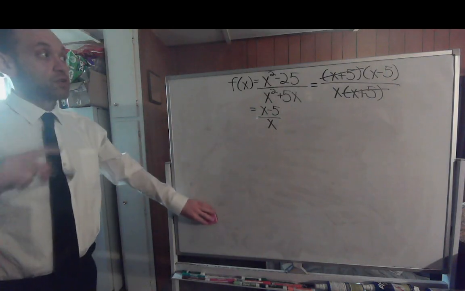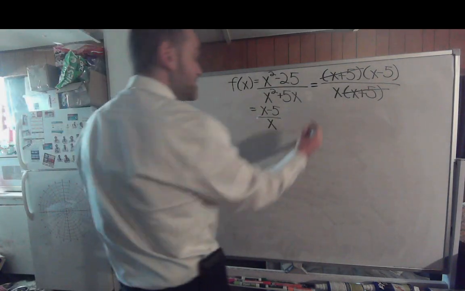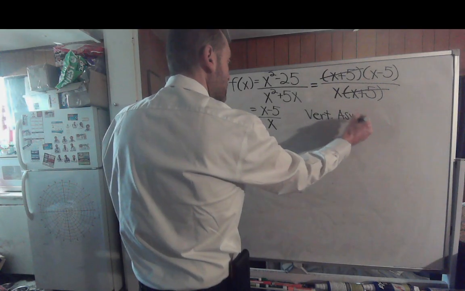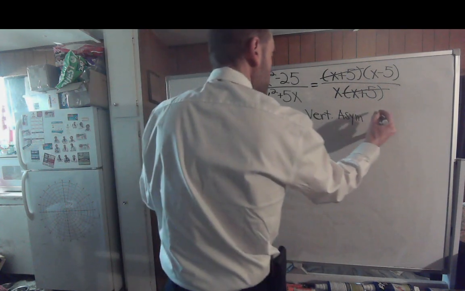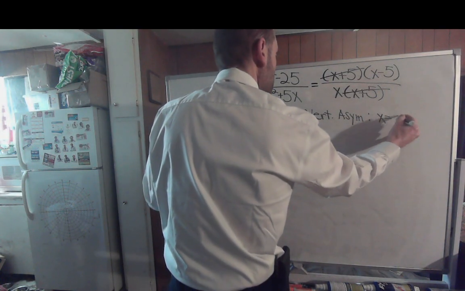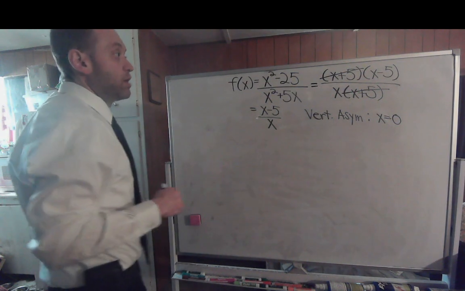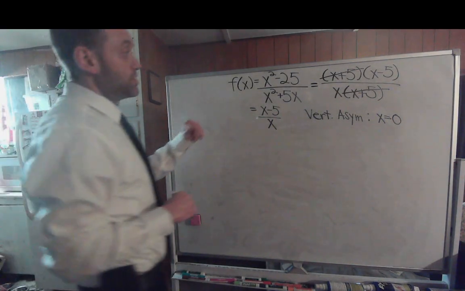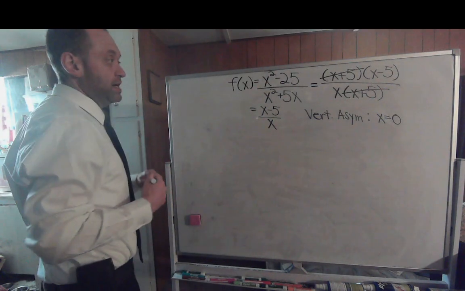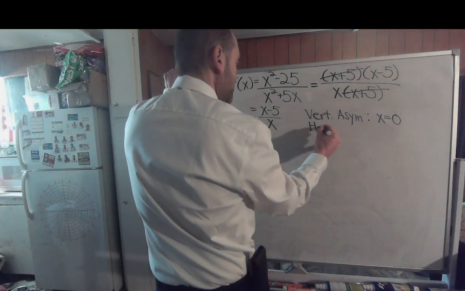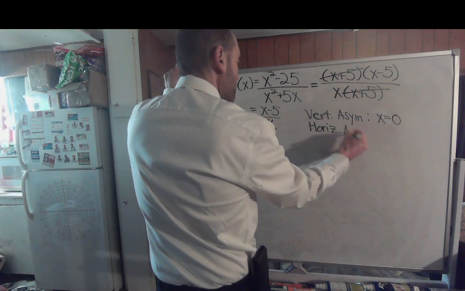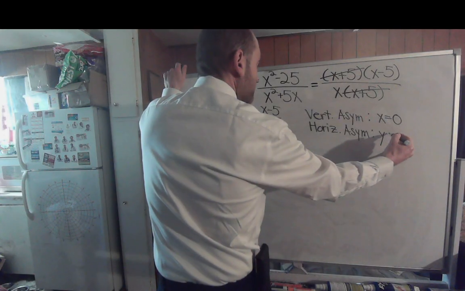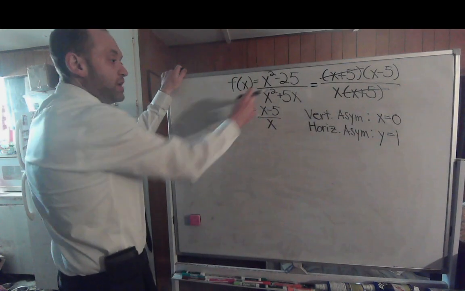So let's look at vertical asymptotes. You would definitely have a vertical asymptote at x equals 0, right? Now, how about a horizontal asymptote? Well, the degree of the numerator is the same as the denominator. You would have a horizontal asymptote at y equals 1, since you take 1 divided by 1.